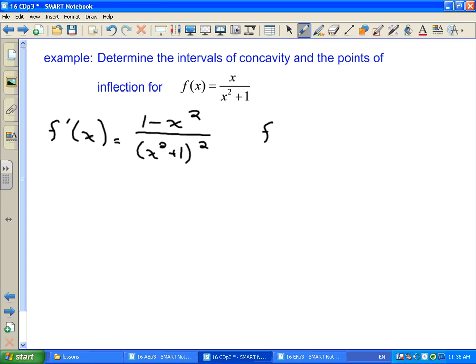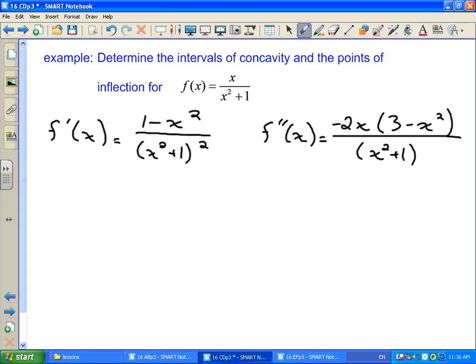And our second derivative, if you work it out, is going to be negative 2x times (3 minus x squared) all divided by (x squared plus 1) cubed. In a lot of practice questions for this unit, you'll be given the first derivative and the second derivative, because we assume that you already know how to do the differentiation and the factoring to put it in simplified form, because we've been working on that for a couple of units now.